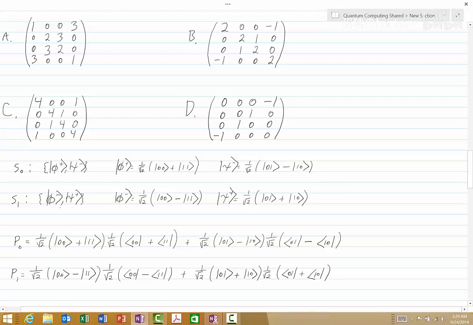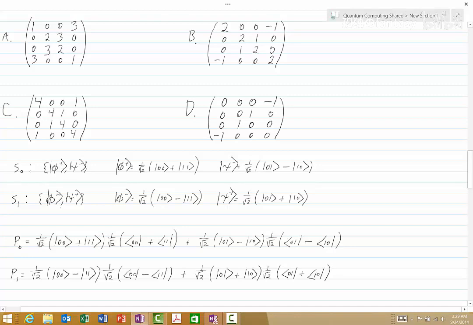And here we take this ket and follow it by the bra form of that ket. We do that for S0 to get P0, and we'll do it also for S1 to get P1. Here's the first ket and the bra form of that first ket, and then the second ket and the bra form of that second ket.